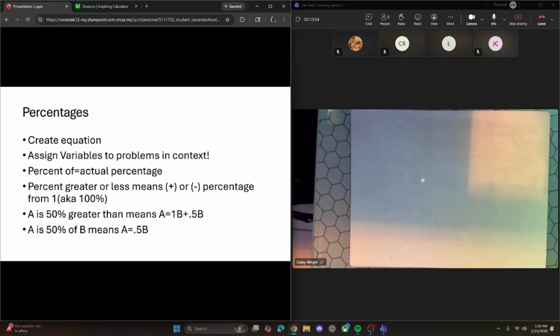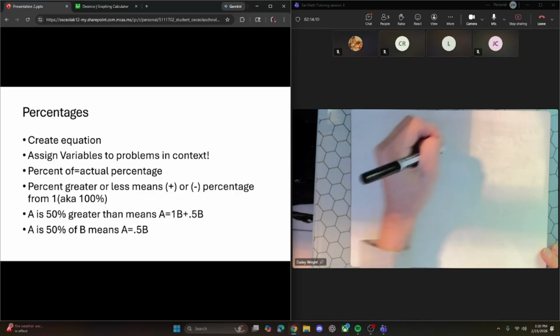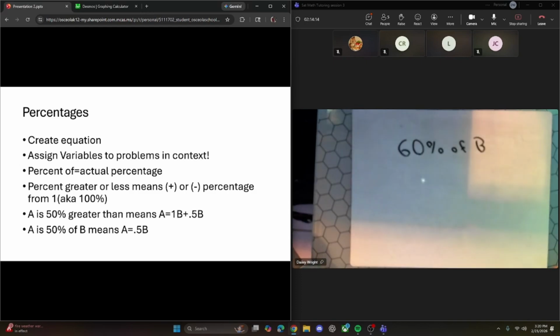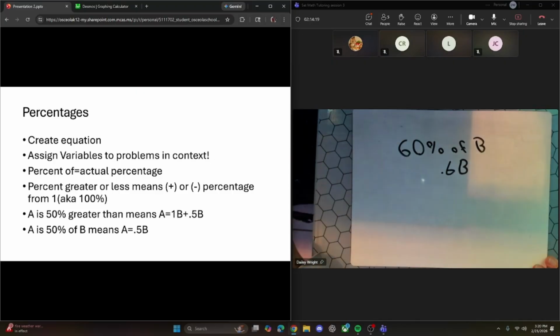If it says blank percent of animals from a year, assign that whole animals in a year to a variable like C or something. So your percent of, like if I had 60% of B, is your actual percentage. It's 0.6 times B.